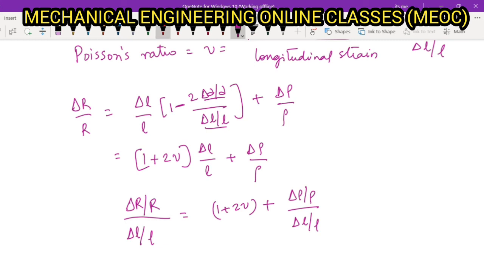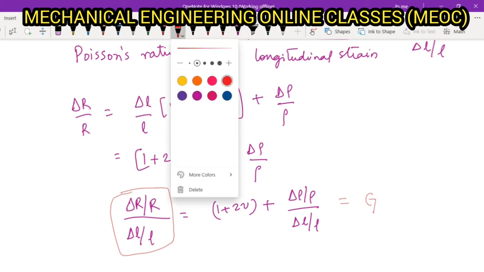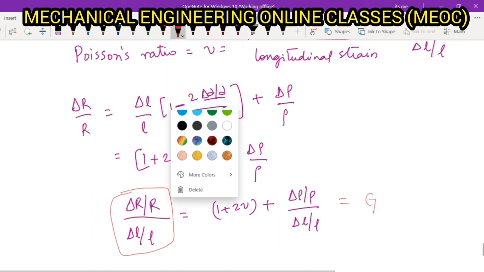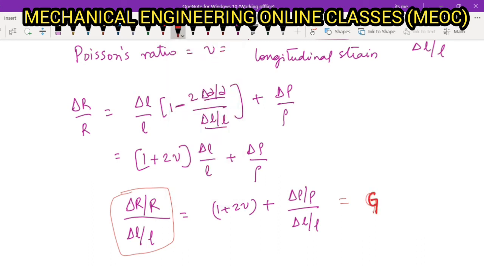So this term, delta R by R divided by delta L by L, is called gauge factor, denoted by G. So this is the gauge factor.